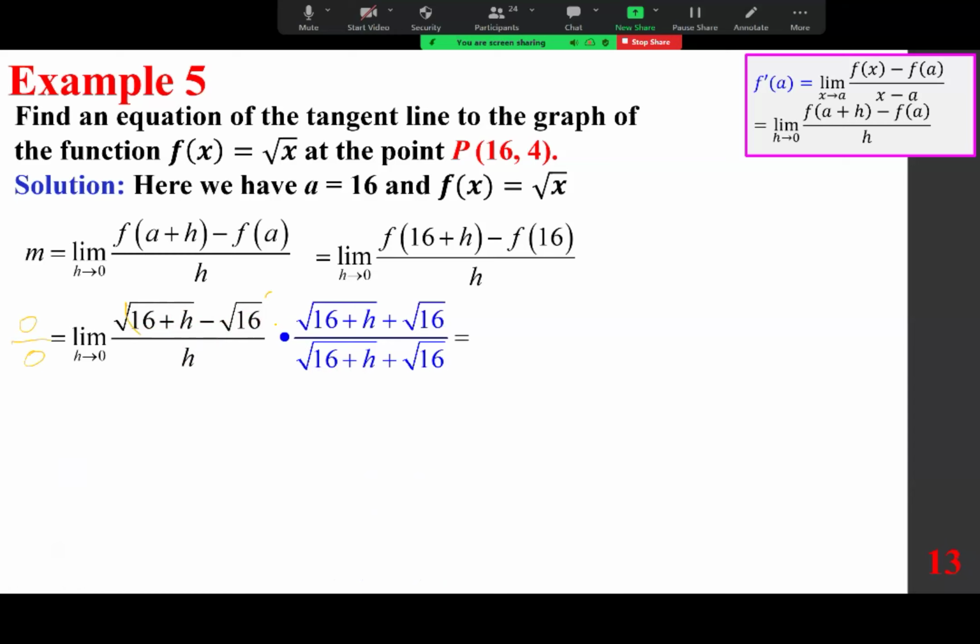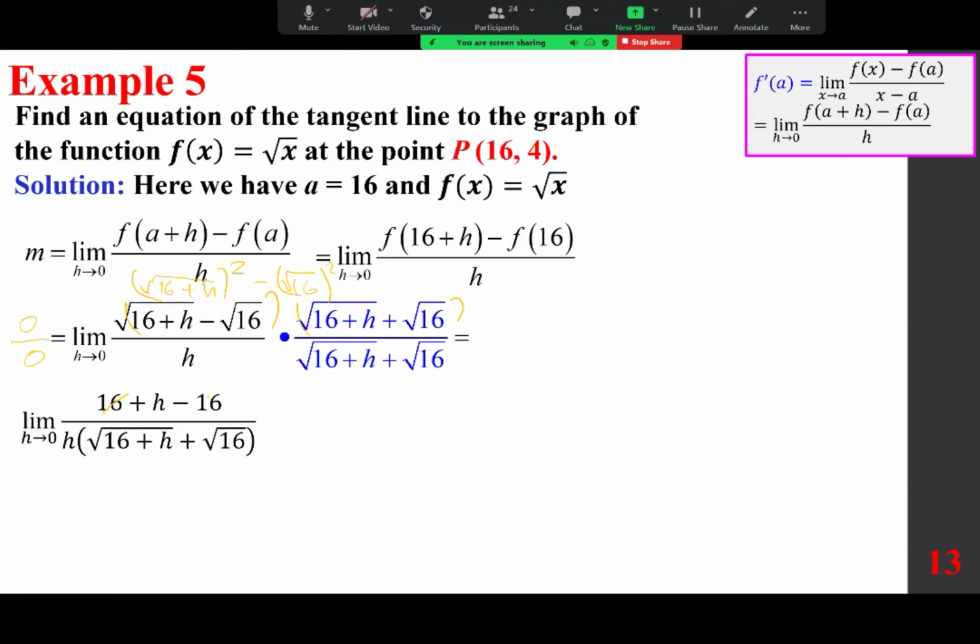The numerator, when you multiply these two, you get the first one squared, that means 16 plus h, minus the second one squared, and it becomes 16 plus h minus 16.